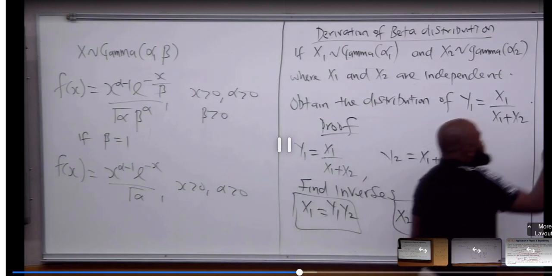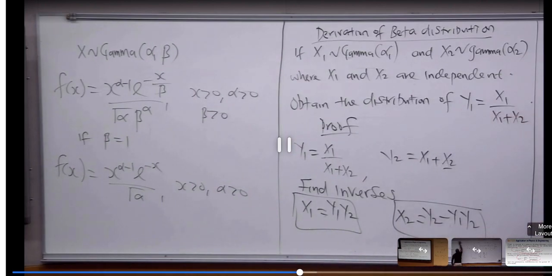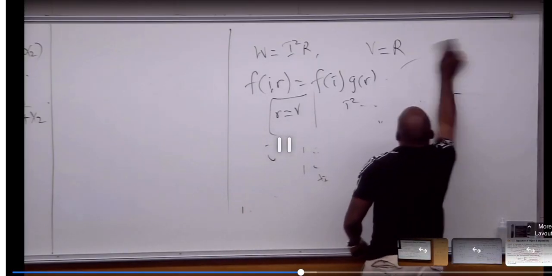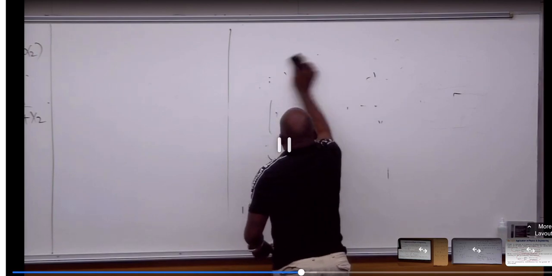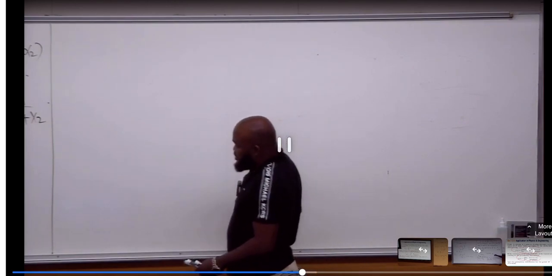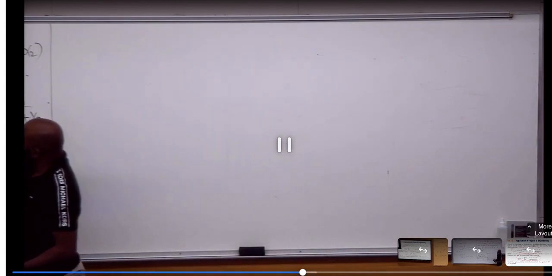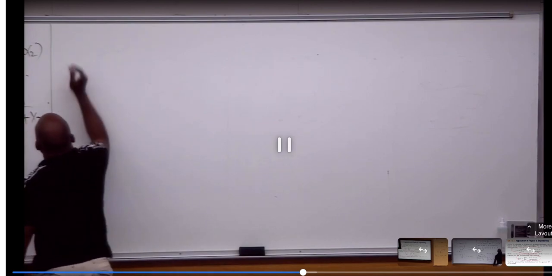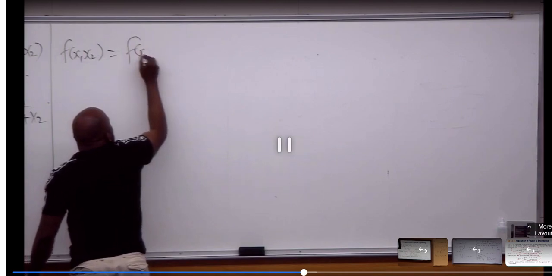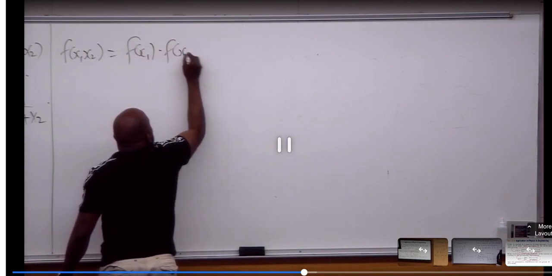Now the moment you're done with that, the next thing you're going to do is, because we are told that x1 and x2 are independent, you get the joint for the old variables, which is going to be this multiplied by that.